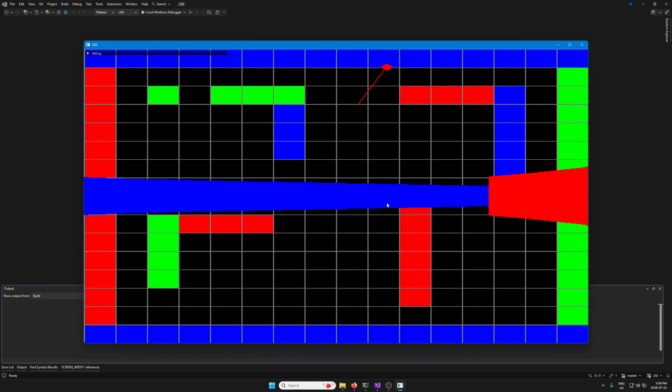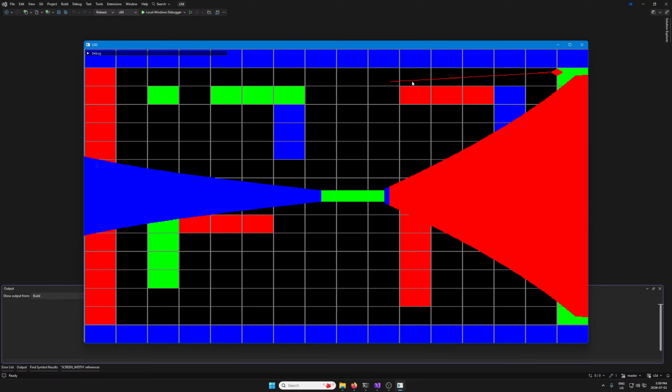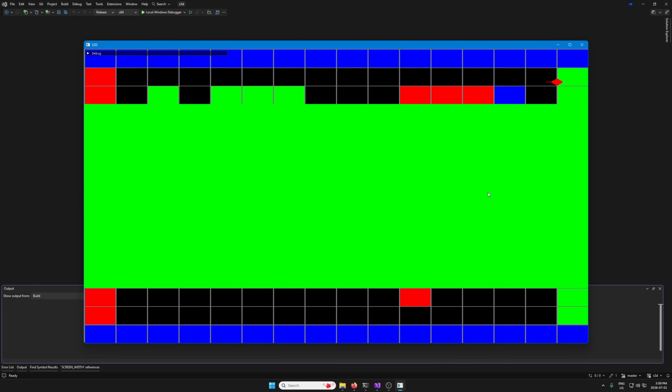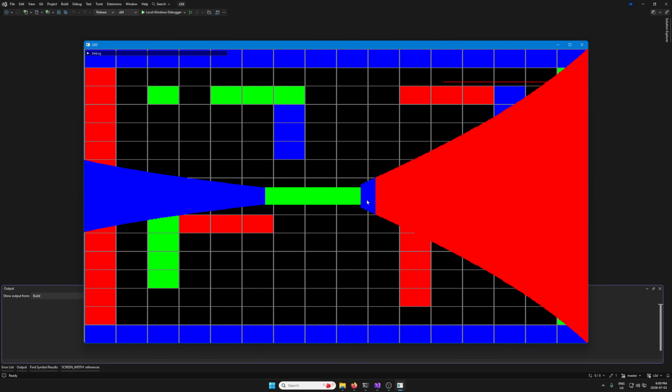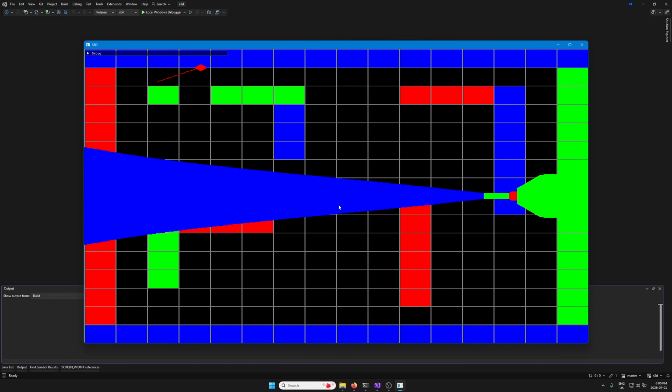We can just walk around, so we can see that we're very close to a red tile, so we see a plethora of red pixels go right up to green. It gets bigger, otherwise the distance is longer, so the rays get smaller.